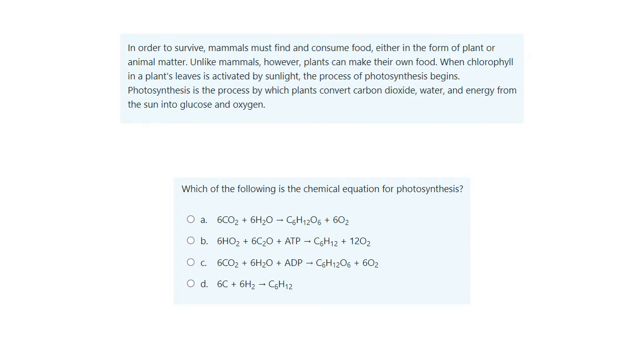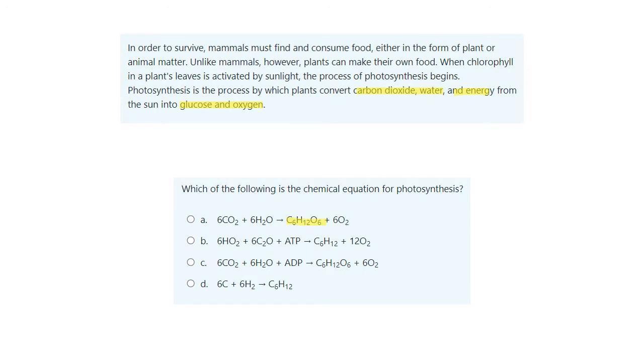Unlike mammals, however, plants can make their own food. When chlorophyll in plants' leaves is activated by sunlight, the process of photosynthesis begins. Photosynthesis is the process by which plants convert carbon dioxide and water and energy from the sun into glucose and oxygen.